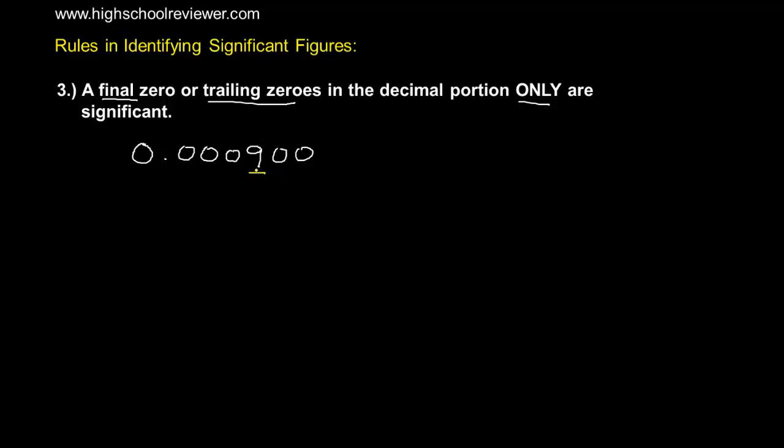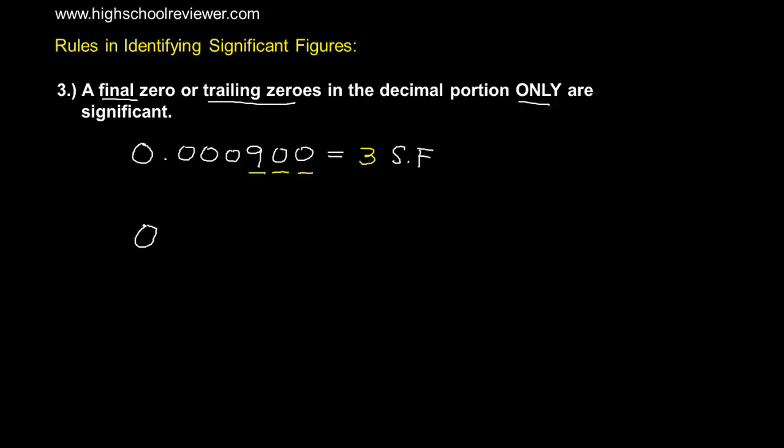So since 9 is a non-zero and it is significant, the zeros after 9 are all trailing zeros. So since they are trailing zeros, they are significant. So we will have here 1, 2, 3. We have here 3 significant figures.